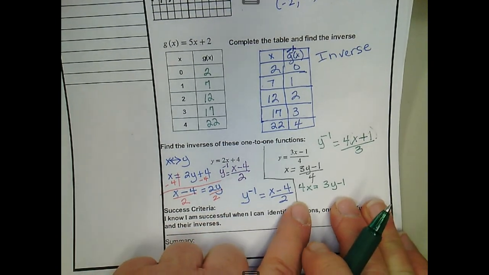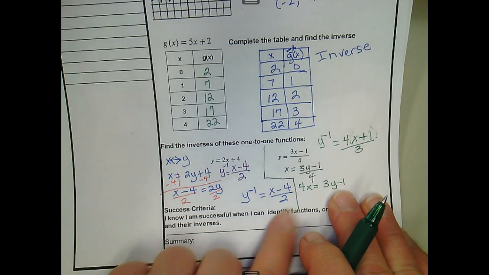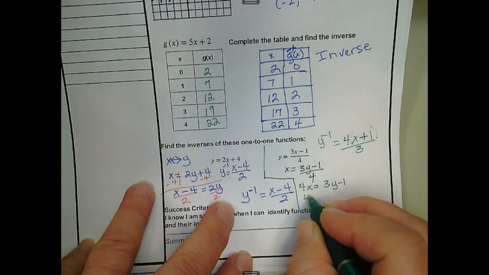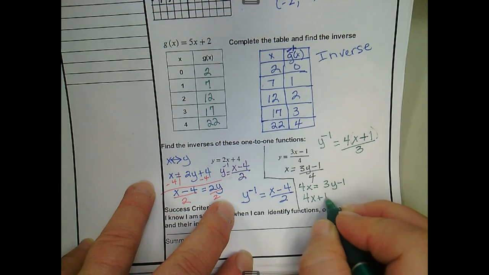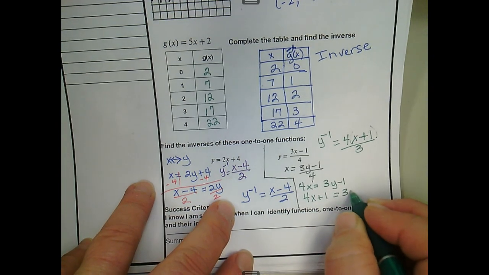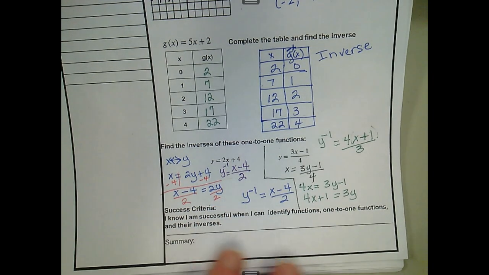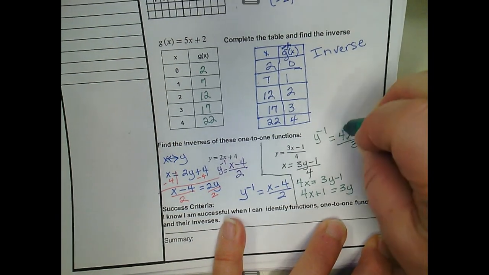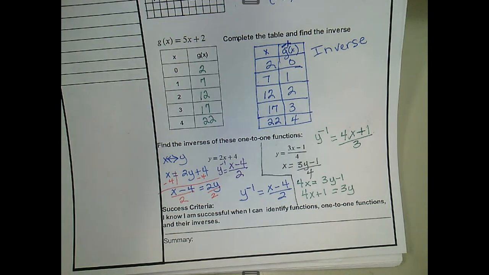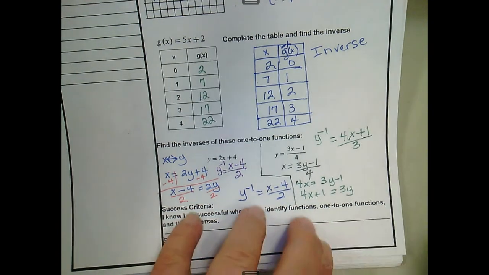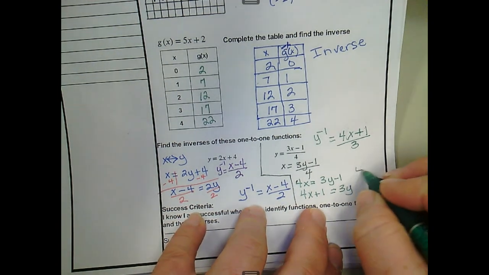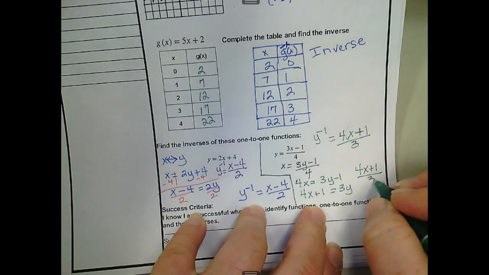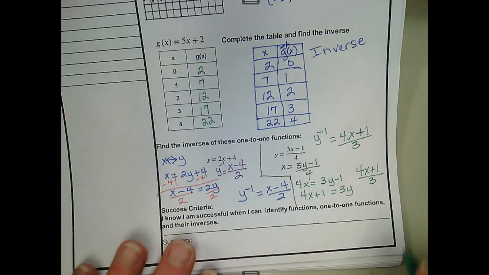I've subtracted 1. I've got to undo that. Add 1 to both sides. 4x plus 1 is equal to 3y. Now I divide both sides by 3. 4x plus 1 over 3 is my inverse.